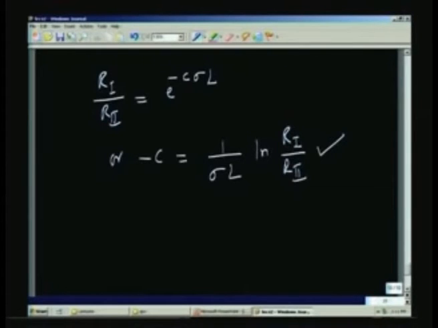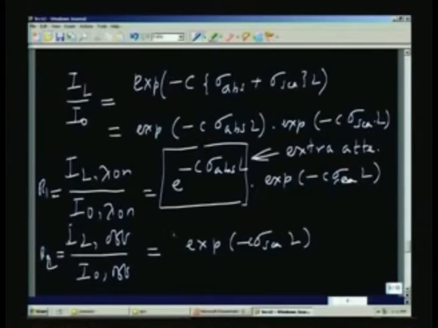So, basically the method of differential absorption consists of determining the ratio of the two quantities R1 and R2. If I look at the previous page, suppose I assume that both the intensities, I naught lambda on and I naught lambda off, are the same.